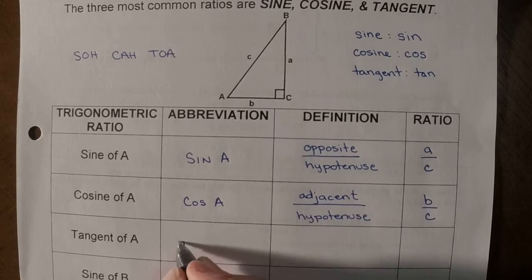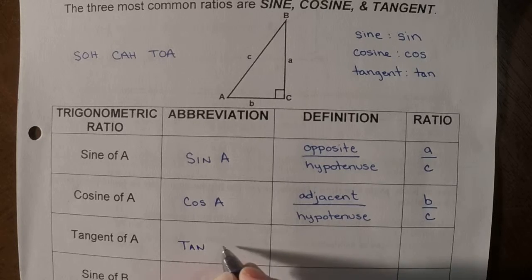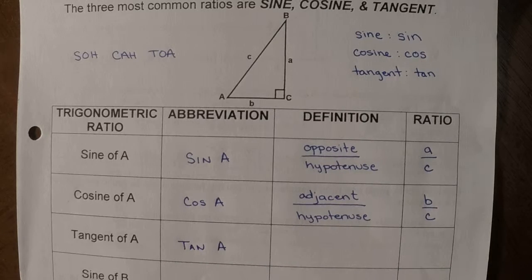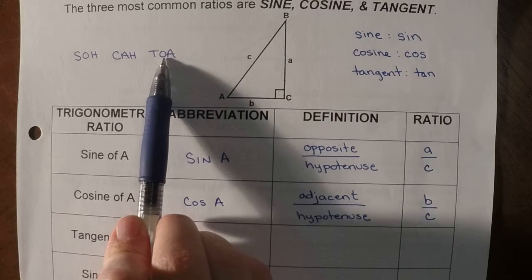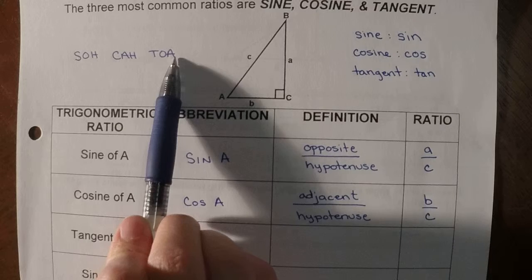And then we have tangent of A. So there's our abbreviation. And then tangent is going to be opposite over adjacent.